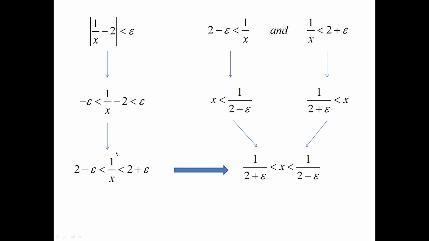And so that's how we go from 1 over x to getting that x isolated in the center. And this is our expression then. So our absolute value expression, we can break down to this double inequality.